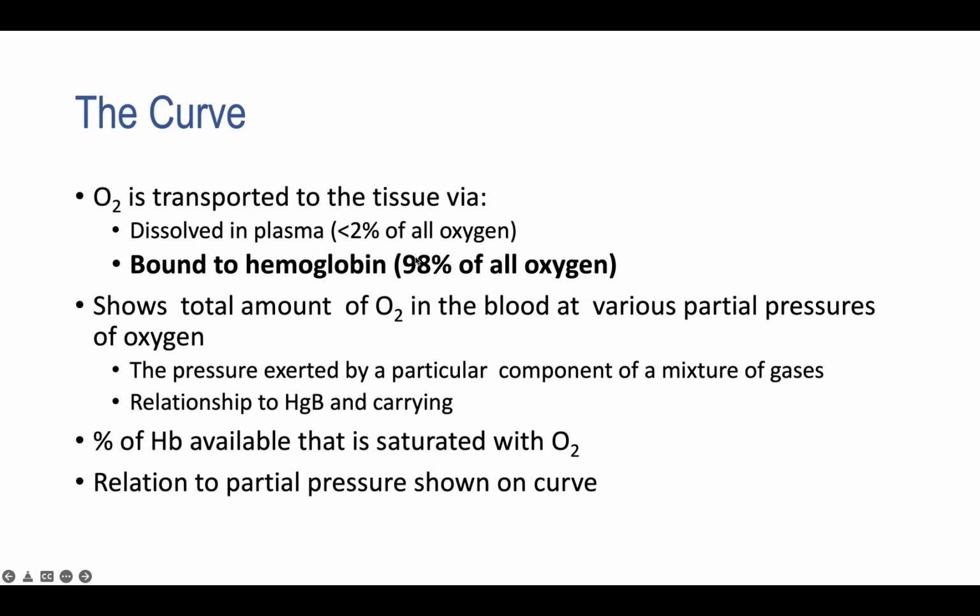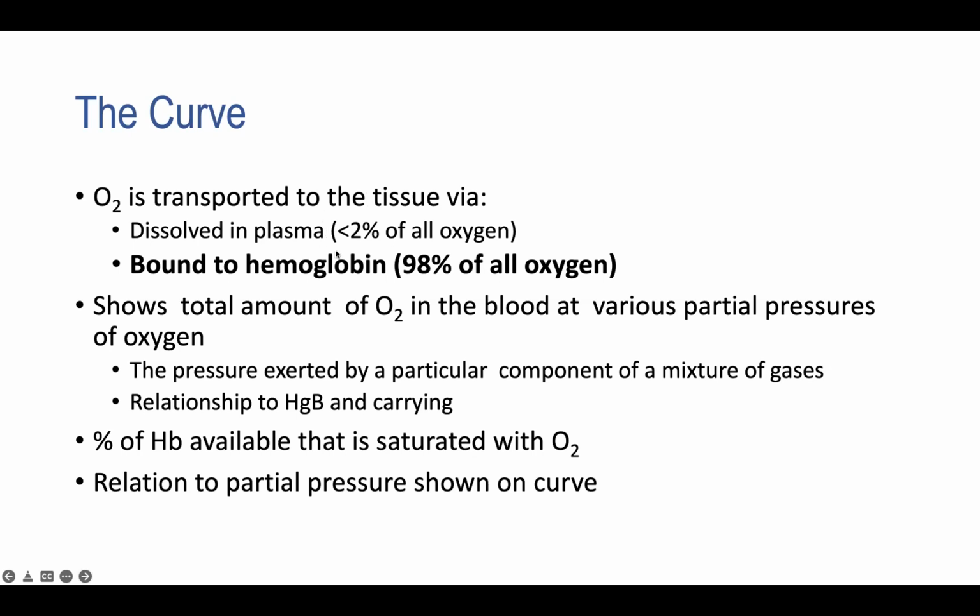That's 98% of all the oxygen in the blood. I'm not talking about 98% saturation. I'm saying out of all the oxygen in the blood, 98% of it's bound, which means it's not usable. It has to be released from the hemoglobin to dissolve in the blood so it can be used by the cell. That's a tiny amount of the oxygen.